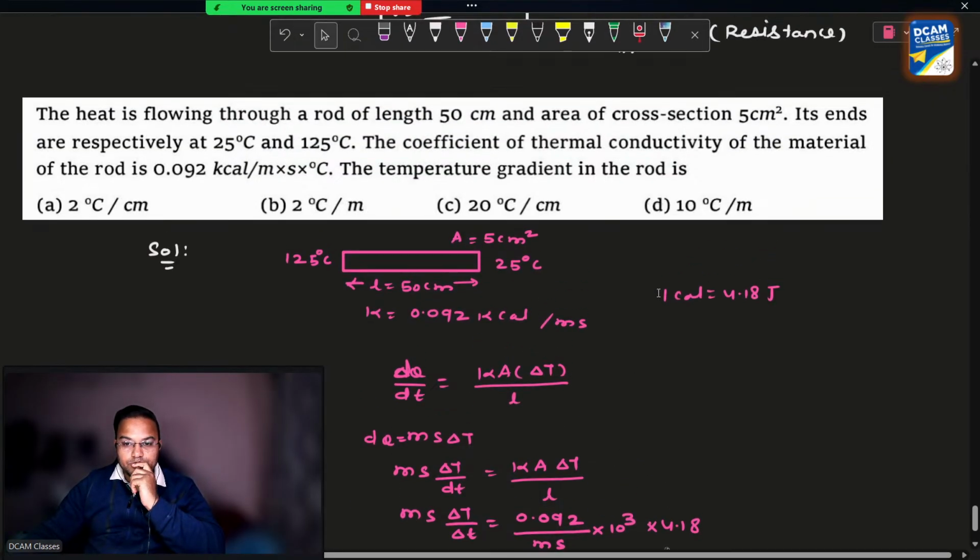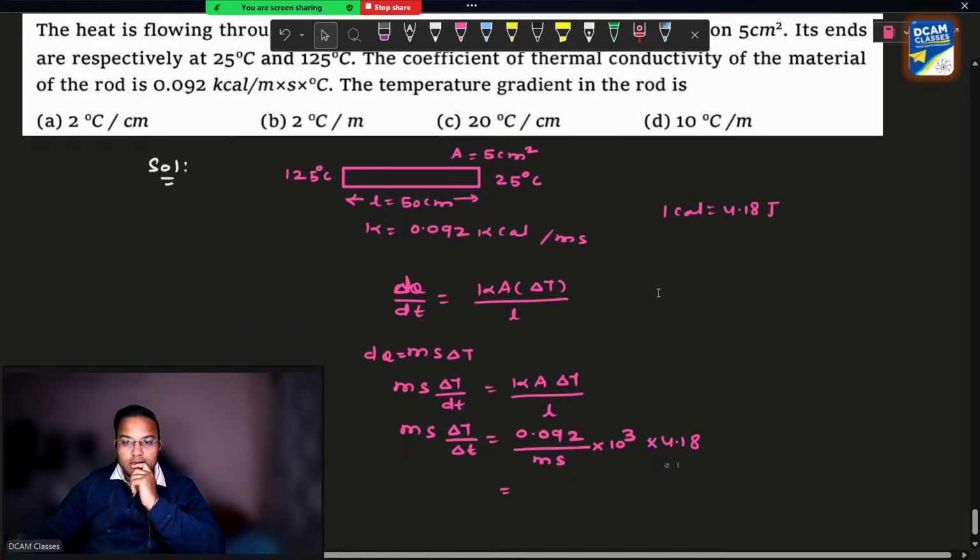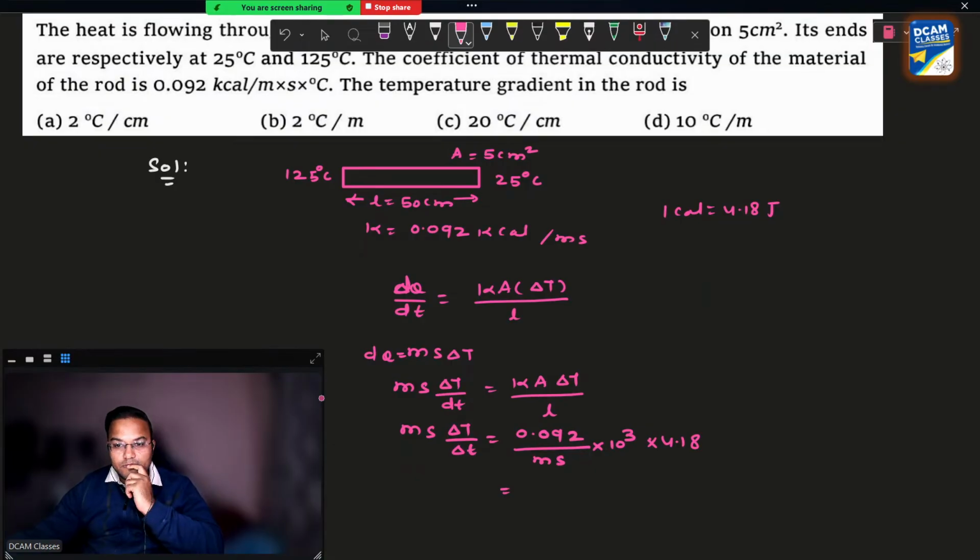Area. What is area? 5 into 10 power minus 4. Length is 50, 50 into 10 power minus 1.